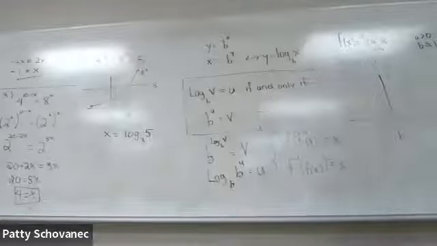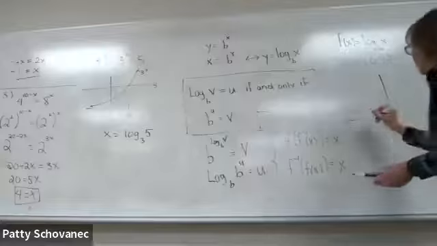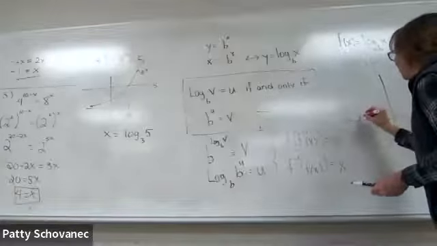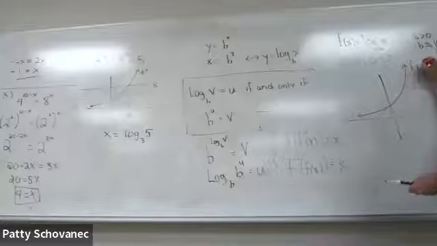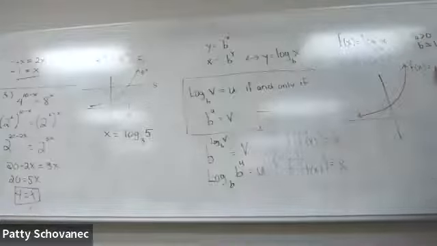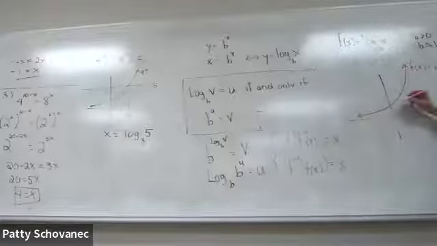by doing our little flipping thing. Let me draw the graph of the exponential function with b bigger than 1. So that is f of x is equal to b to the x with b bigger than 1. And it goes through 0, 1.